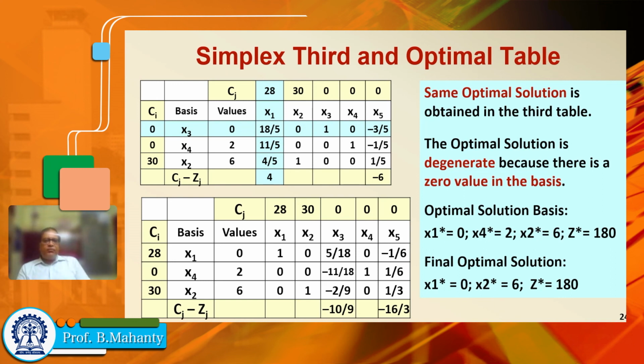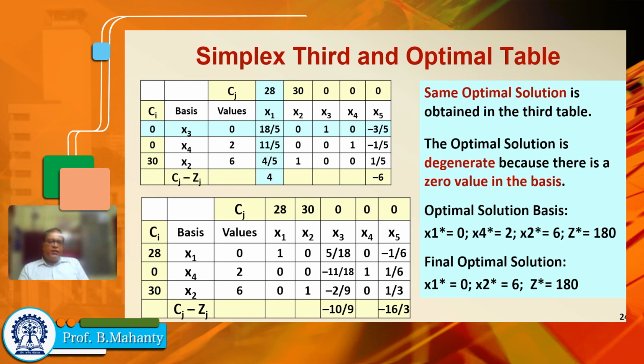And then we have to compute the Cj minus Zj also. This was 0 earlier, so it will be 0 minus 4 into 1 by 18 by 5, so minus 10 by 9. And this was minus 6, so minus 6 minus 4 into minus 3 by 5 by 18 by 5, so minus 16 by 3.